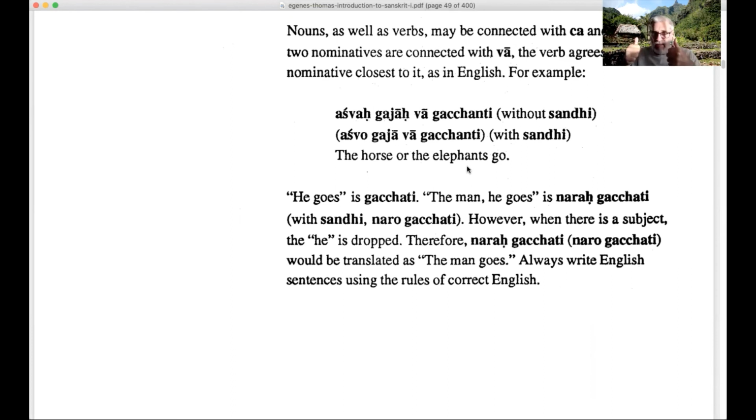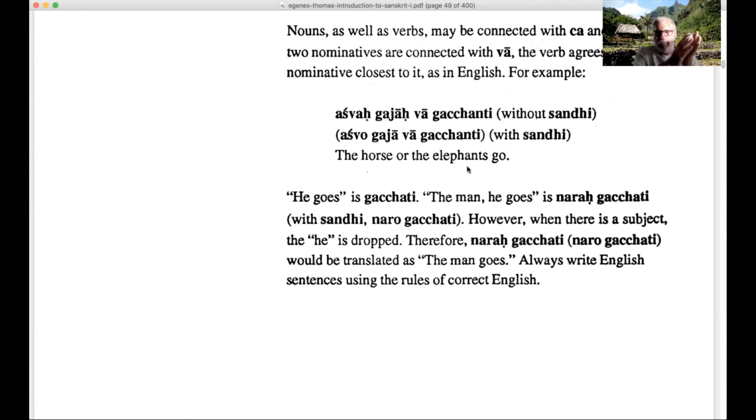So which one of them is going to affect the verb, right? Because remember we said that the verb has to agree with the number of the noun, right?